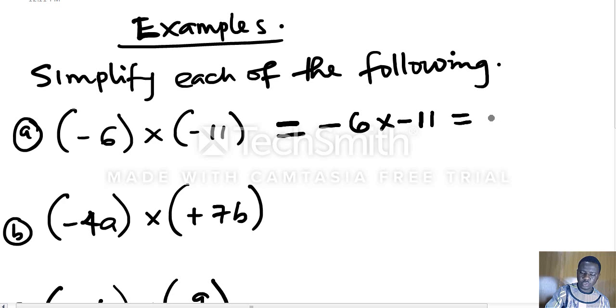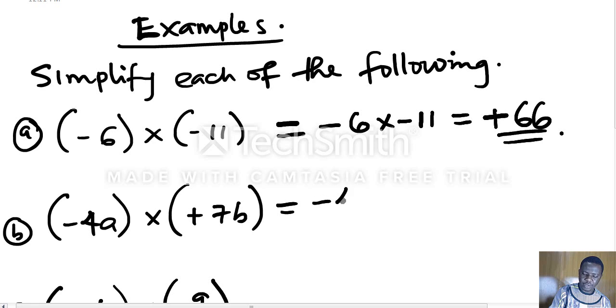Minus times minus will return a positive because they are of same sign. Then I will also multiply the numbers, 6 times 11, which will give me 66. So my answer is positive 66.